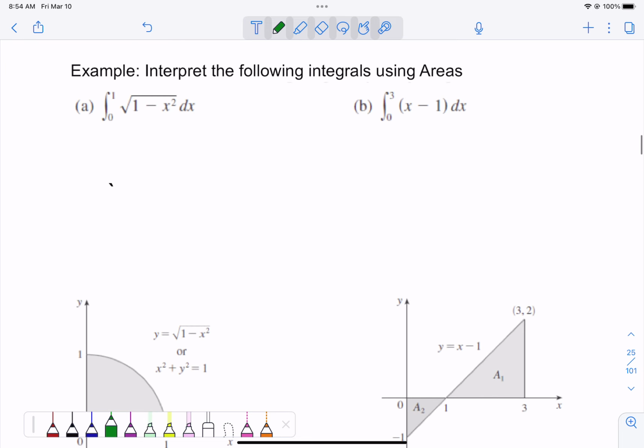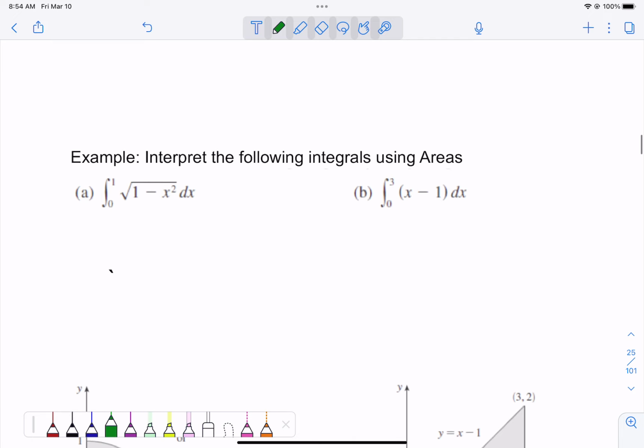Now this book focuses on interpreting things as areas a lot. So let's take a look at 2 more that can be interpreted using areas. So let's look at what we know. This is a circle. It's the upper half. The radius is the square root of 1. The center is at 0, 0.